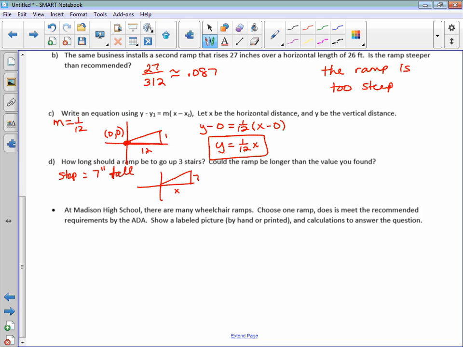So you could still use this equation from up above. Do I know the x or do I know the y? Yes, so 7 equals 1/12 x. So how do you solve for x? What is 7 times 12?